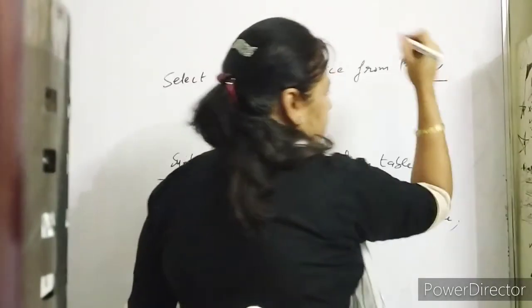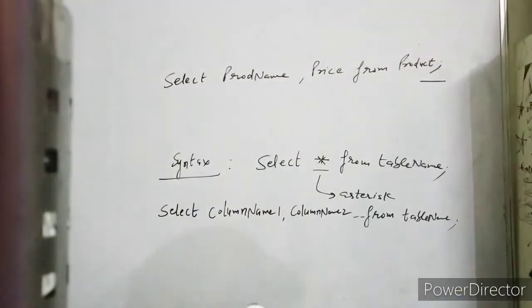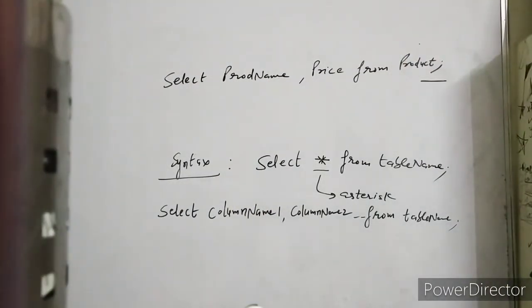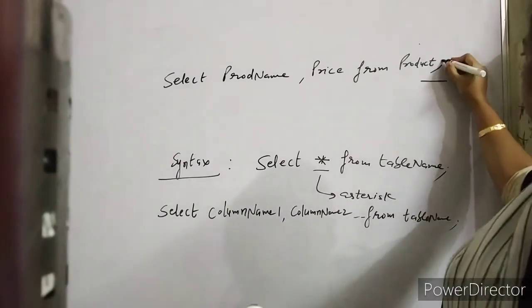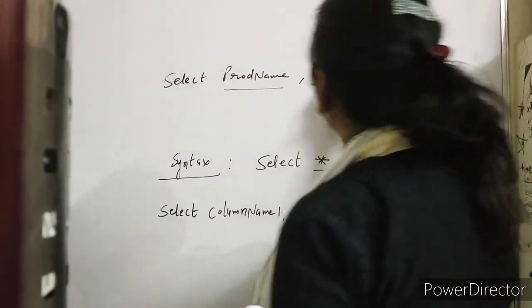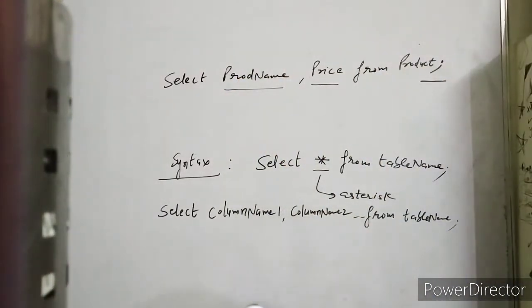This semicolon is the terminator of all commands in MySQL. It means now only two columns will appear in my output, that is product name and price. But if I write select asterisk from table name, all the columns will appear.